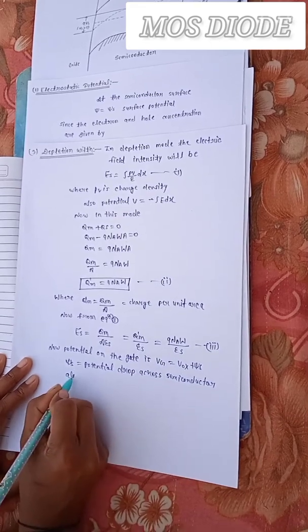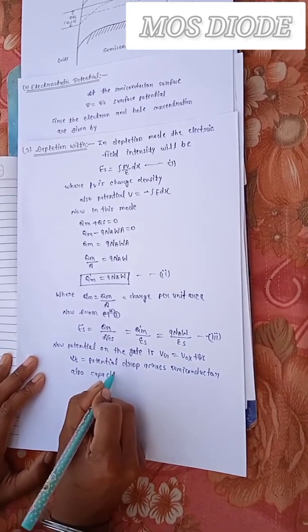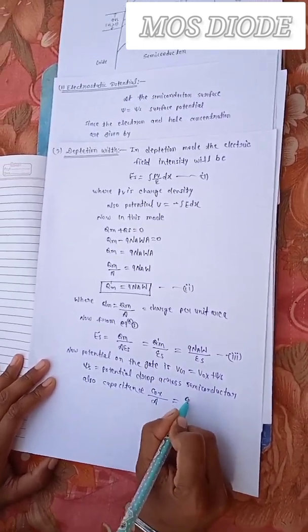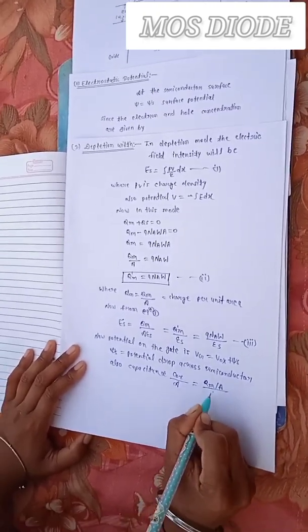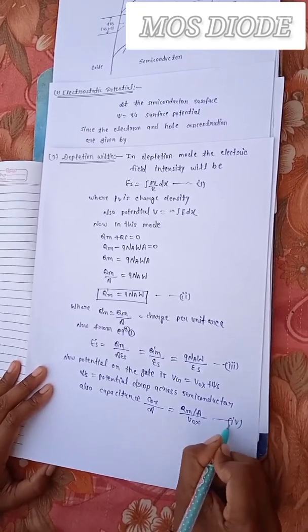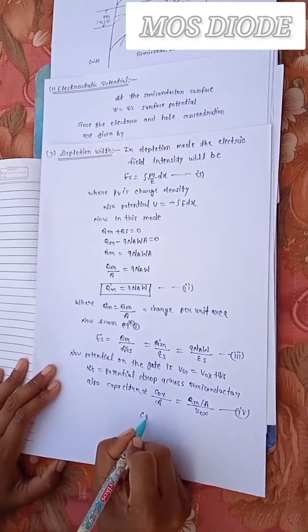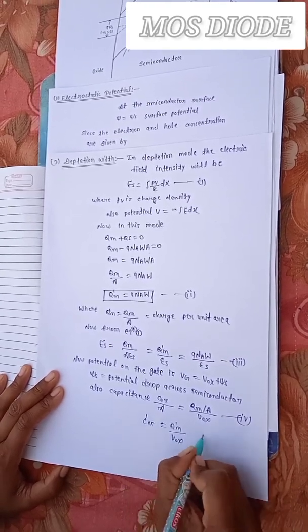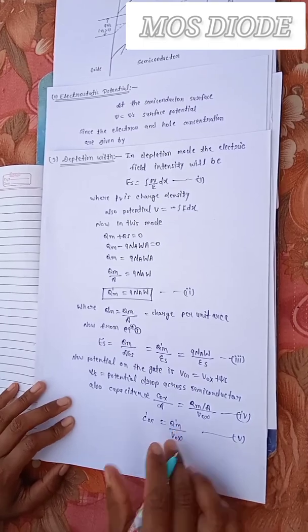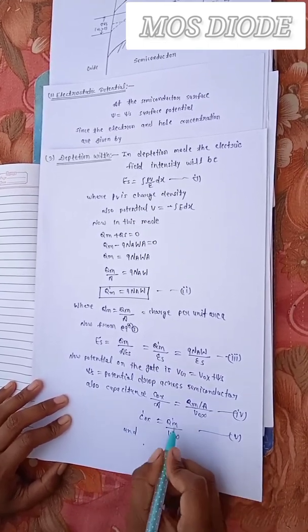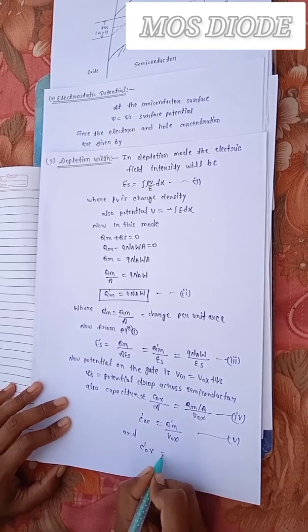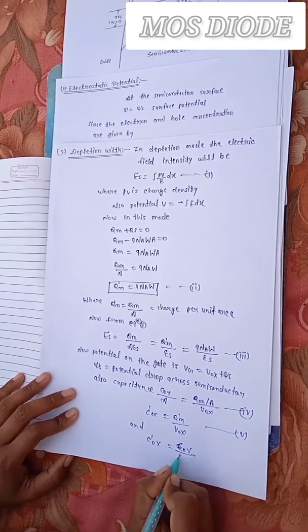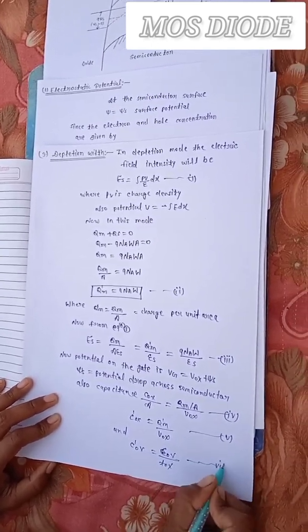Then also capacitance Cox upon A equal Qm upon A upon Vox. This is equation number 4. And Cox prime equal Q prime m upon Vox. This is equation number 5. And the Cox prime, with the value of Qm prime, is epsilon ox upon T ox. This is equation number 6.